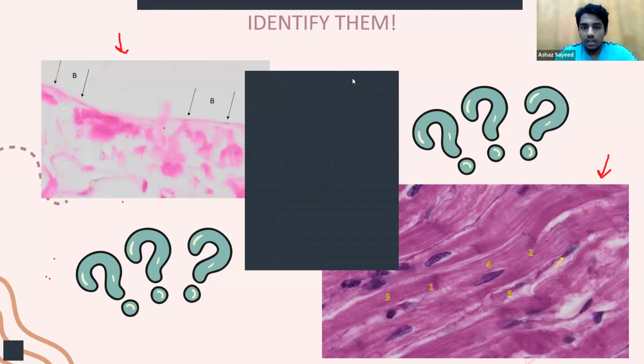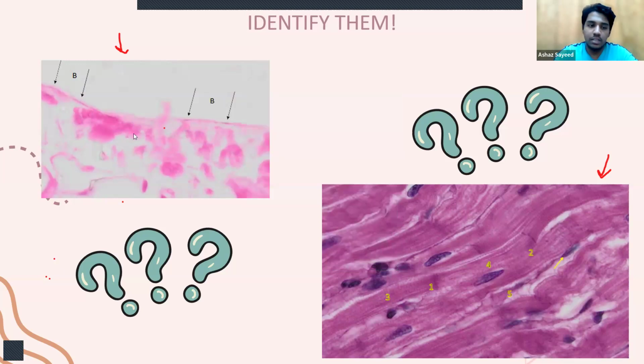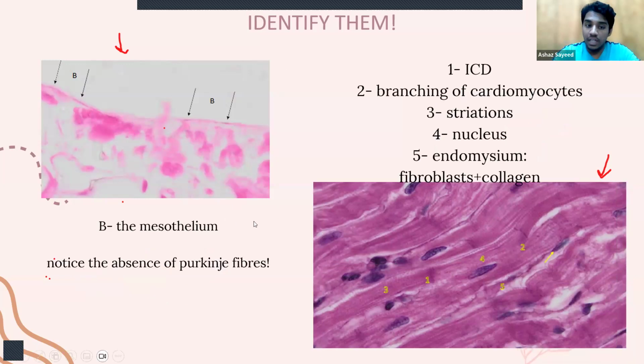Yeah, bottom is cardiomyocytes, yes, but the first one, B, is actually not the endocardium. Okay, bottom is cardiomyocytes. That's correct. This one is cardiomyocytes, but this one it's not endocardium. Actually, it's the mesothelium.